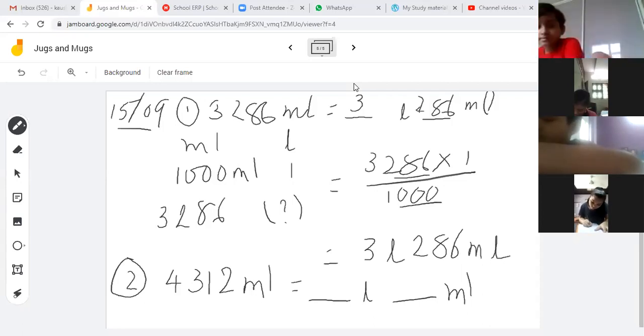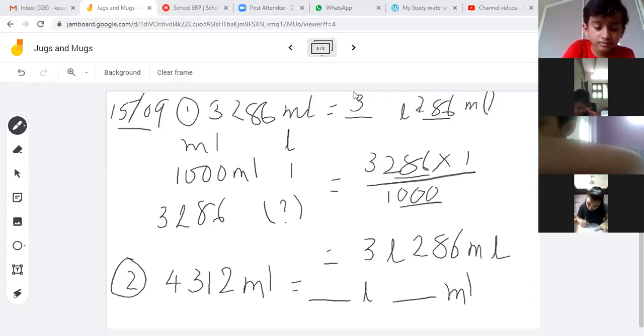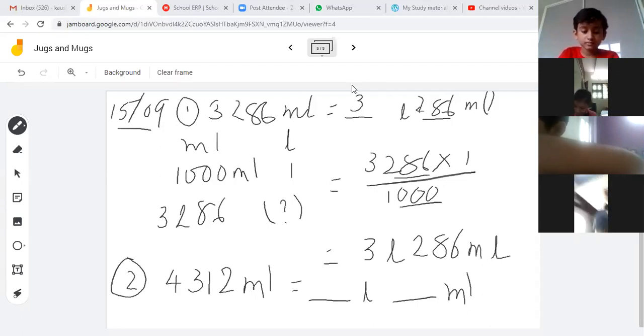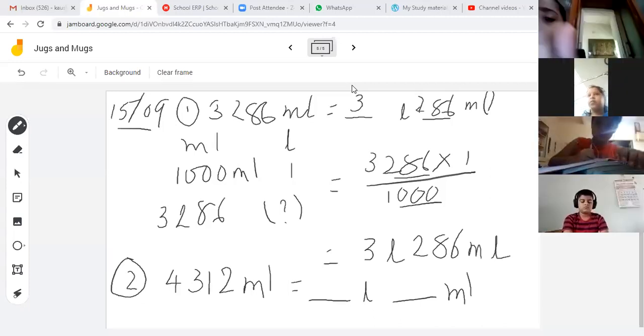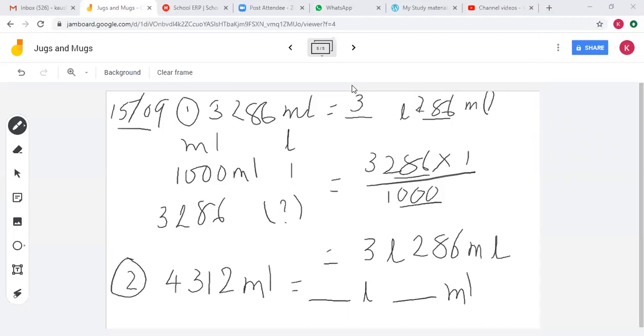1000 ml and 1000 ml is equal to 1000 ml. Come on, beta, you can do this. Yes, so many correct answers. See, everyone is doing it. Come on, let's do it quickly. Yes, Nitra. Good job. I can see that you are typing the answer. Wonderful. Yes, Arjo. Good. Param, Dhwani. Wonderful. Yes.